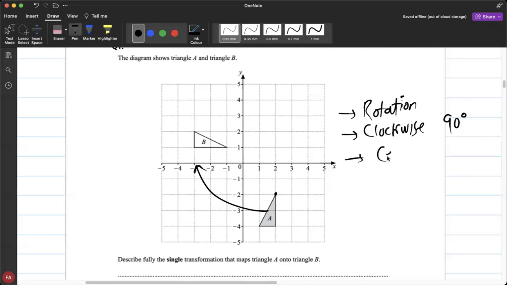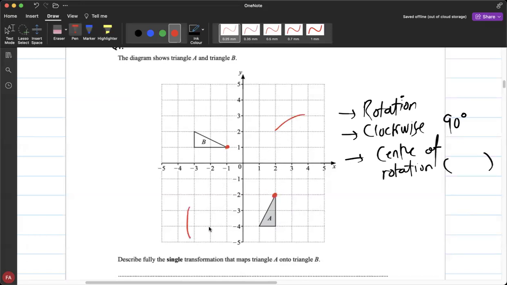And the third part has to be the center of rotation. That is the most interesting part. Now, if you want to identify the center of rotation, like I said, the best way of doing that is by drawing the perpendicular bisectors of any two corresponding sides. What I'm trying to say is, take your compass, place it on this point, make an arc on this side.